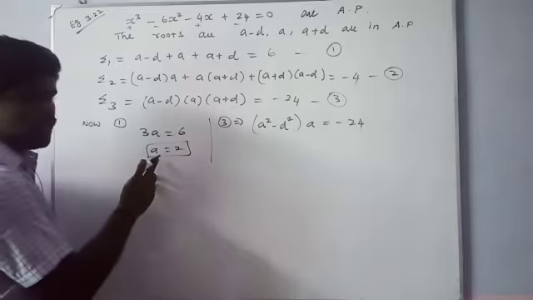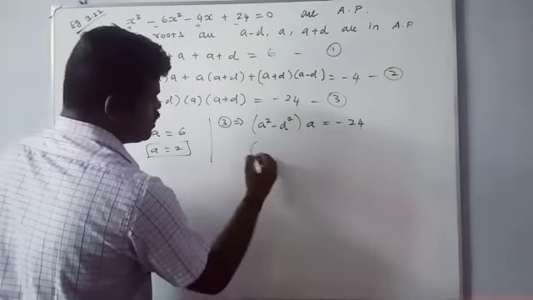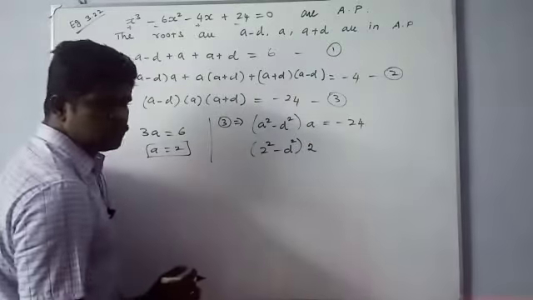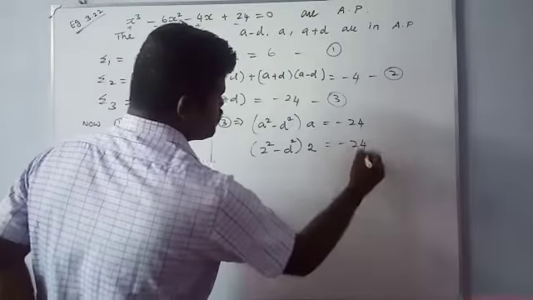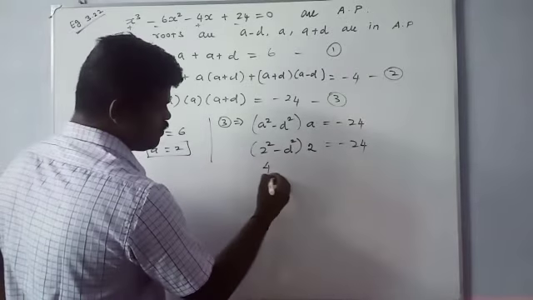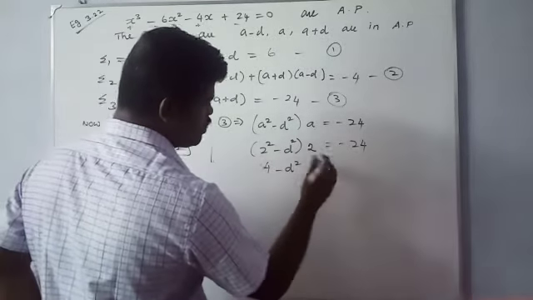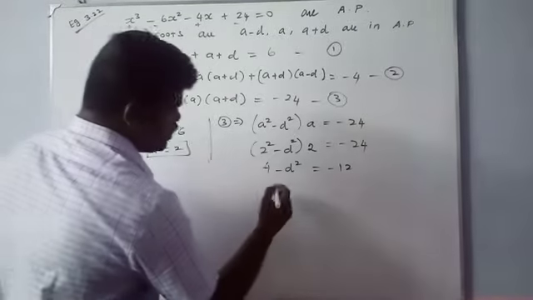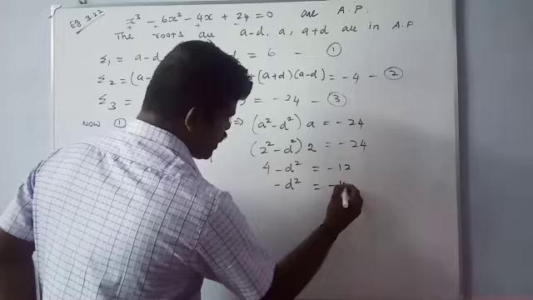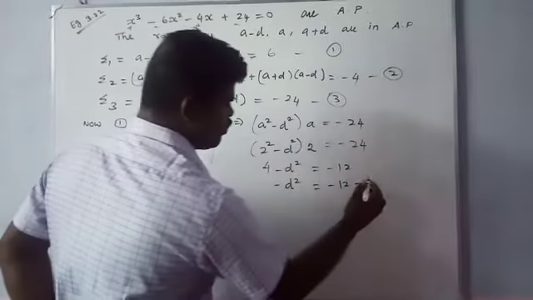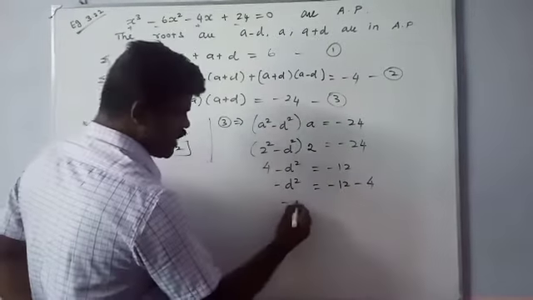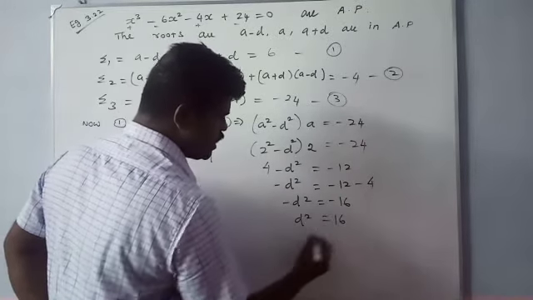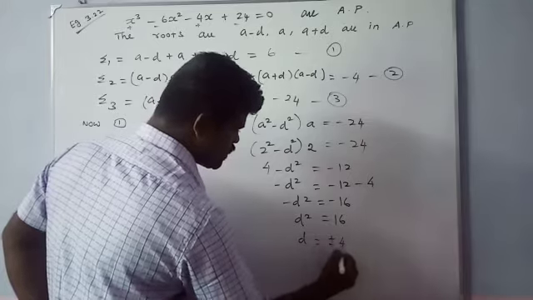Now a value is 2. That means 2 square minus d square into 2 is equal to minus 24. Now 2 square means 4 minus d square, which is equal to, divide these two, the answer is minus 12. Now minus d square is equal to minus 12 minus 4. Therefore minus d square is equal to minus 16. Therefore d square is equal to 16, d equal to plus or minus 4.